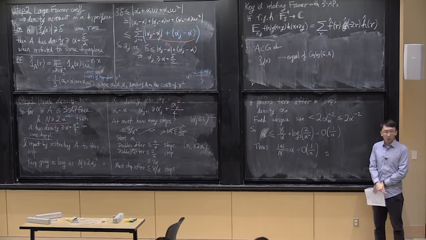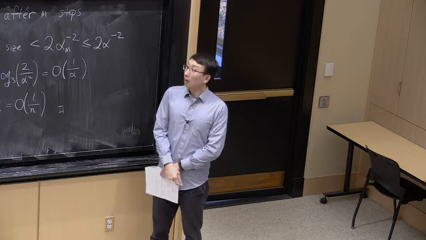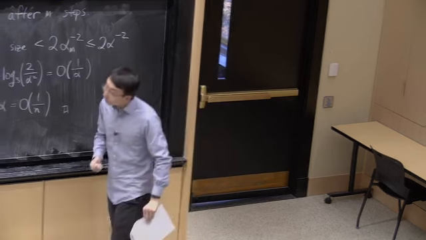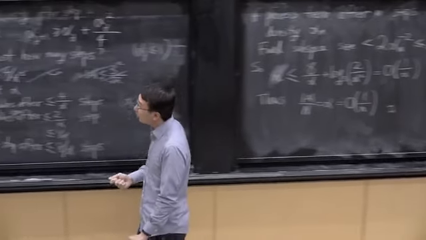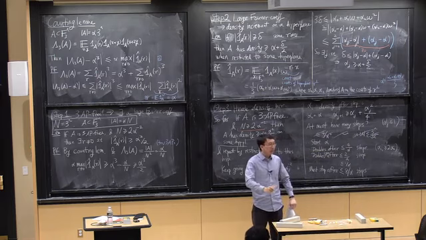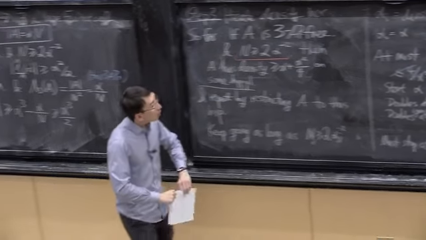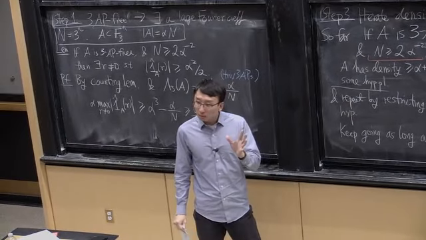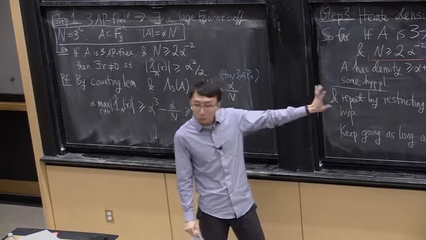Roth's theorem over F3 to the n. Okay, so we went through this Fourier analytic proof. Next lecture, we will see the same proof again, but done in the integers for an interval. And there are some difficulties that we don't see over here.